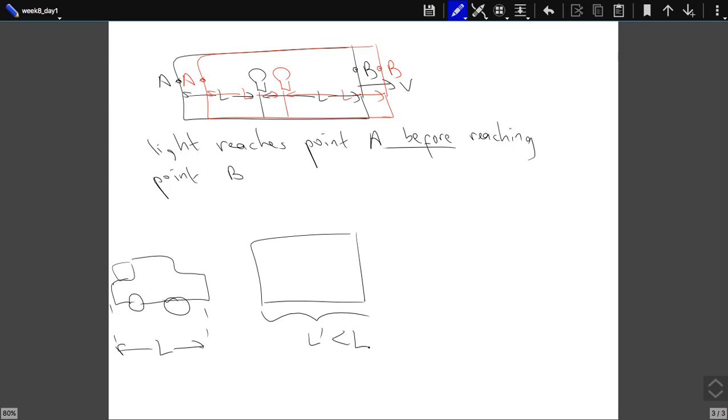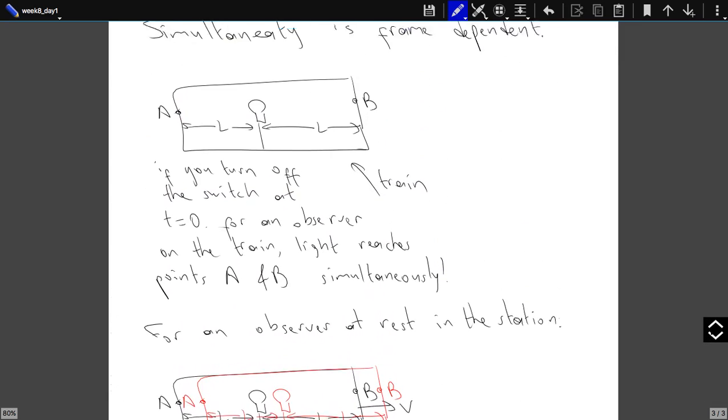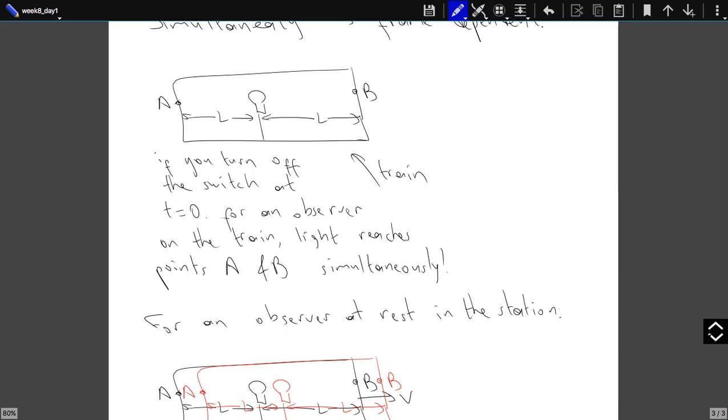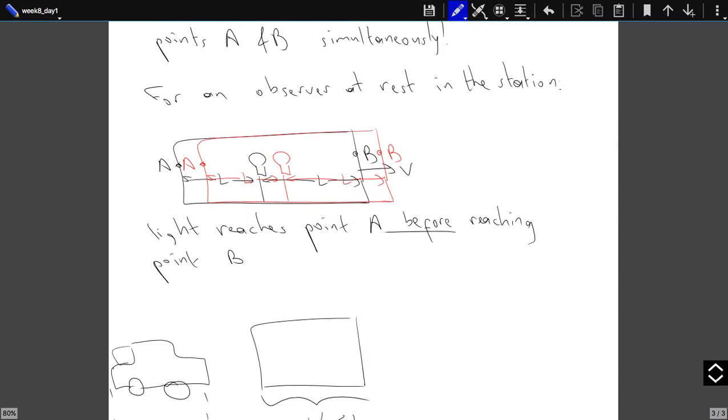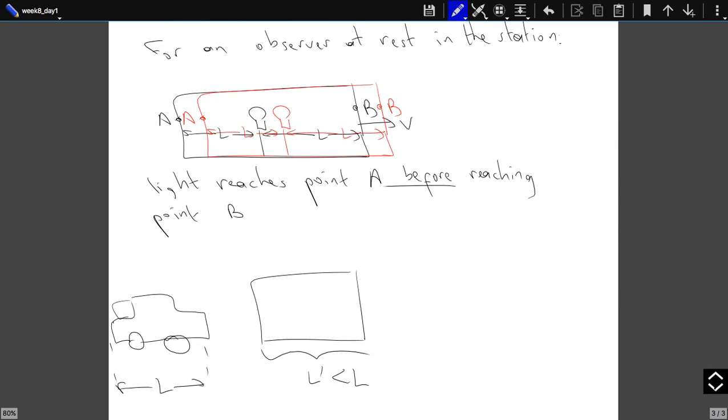But as we had seen in this example, simultaneity is a frame-dependent quantity. So when these two observers, one in the garage, the other in the car, one says the car will not fit in the garage, the other says that it will fit in the garage. They are both correct because basically they are talking about two different things.